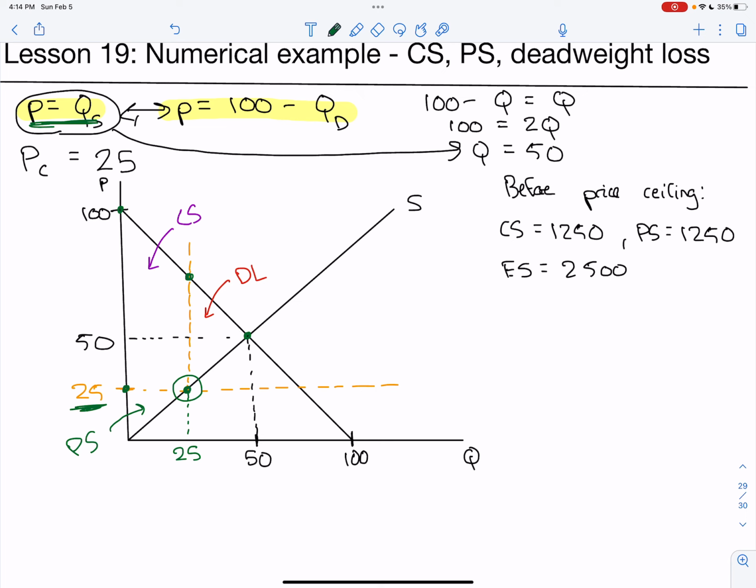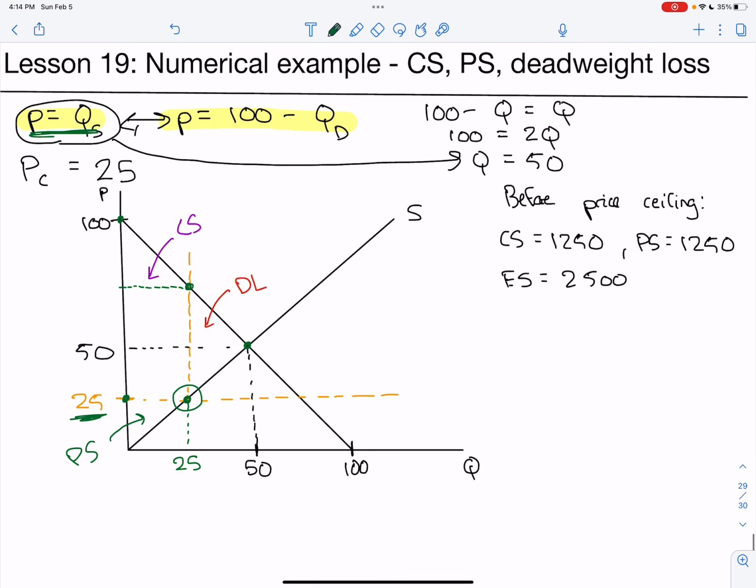Now, at a quantity of 25, what would the corresponding price on the demand curve be? Well, we just have to insert 25 into that equation, right? 100 minus 25 is 75. So this is 75 over here. And now we actually have all the information we need to make these calculations, okay?